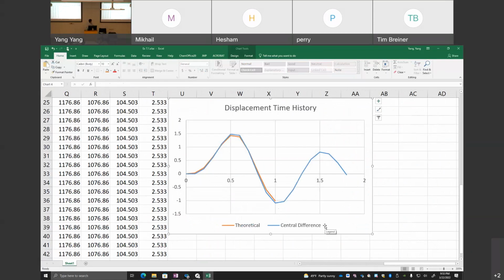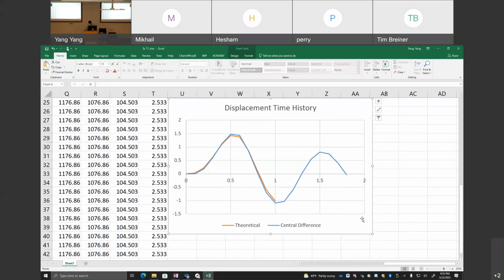The red one is the theoretical solution for an impulse of 1 second. And the blue one is the numerical method. As you can see here, they are very close.